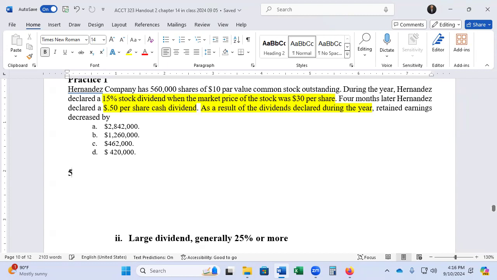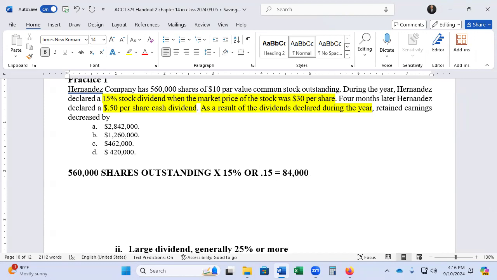So we say, okay, we have 560,000 shares outstanding, and we're going to multiply that by 15% or 0.15. And that's going to be equal to 84,000 shares.